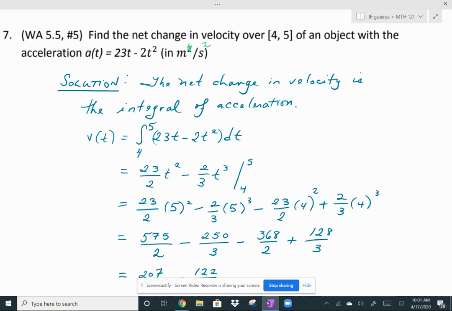Take the antiderivative, which is what you see here, do anti-power rule. Then we substitute in our limits, put in the upper limit first and subtract out your lower limit. Don't forget to distribute that minus sign, which is why this term is negative and this one here is positive. And then we expand this, right? We square and cube the appropriate numbers.